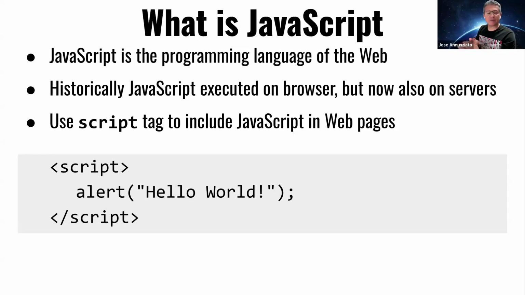So with JavaScript, the intention was that we could take the DOM that is created by HTML and CSS, take that data structure that gets created in the browser, and come back with JavaScript and programmatically manipulate that data structure. By manipulating the data structure, we can effectively manipulate the user interface.